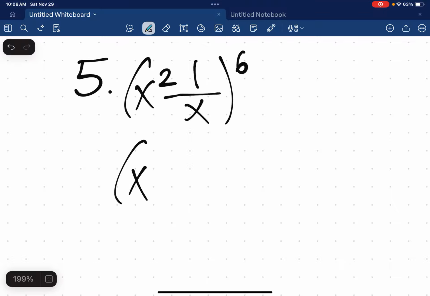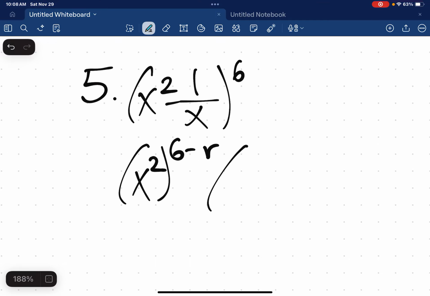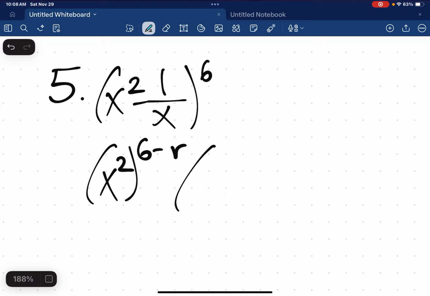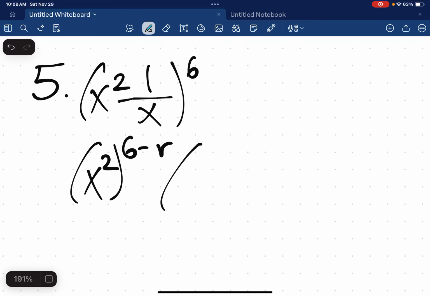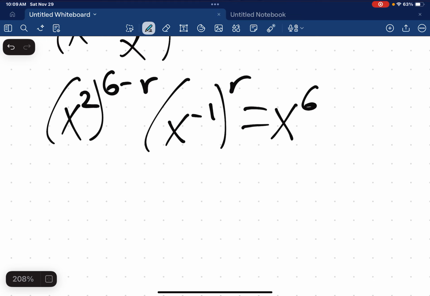We know that in any binomial expansion, it'll be set up like this. x squared to the 6 minus r in this case. And negative 1 divided by x, or 1 divided by x, is just equal to x to the negative 1 to the r, which has to equal x to the 6.